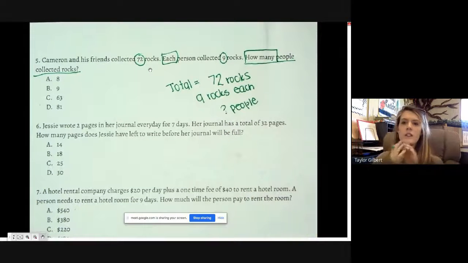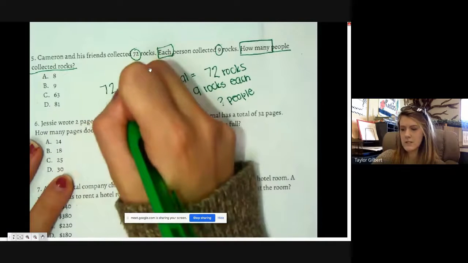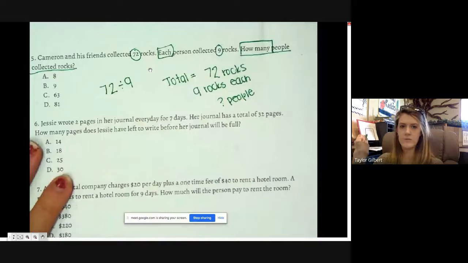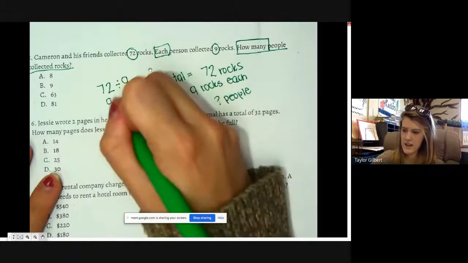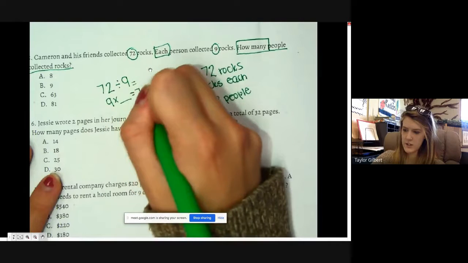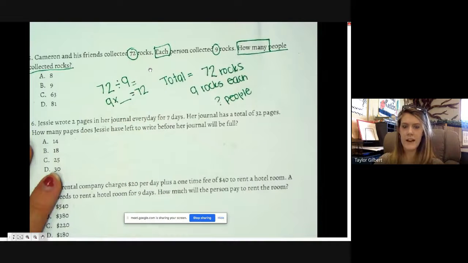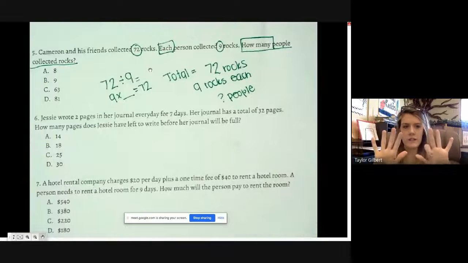These 72 rocks were split into groups of 9. 72 split into groups of 9. So what's another way we can write that equation? 9 times what will give me 72? Let's do our little nines trick. If I tip down my 4th finger, that's 36.